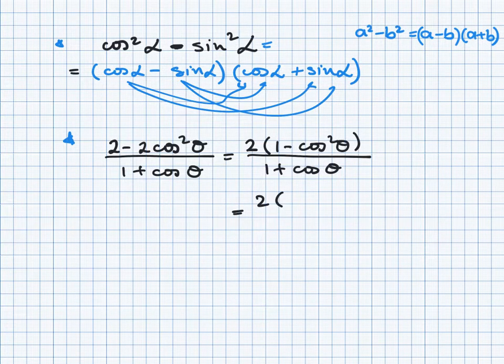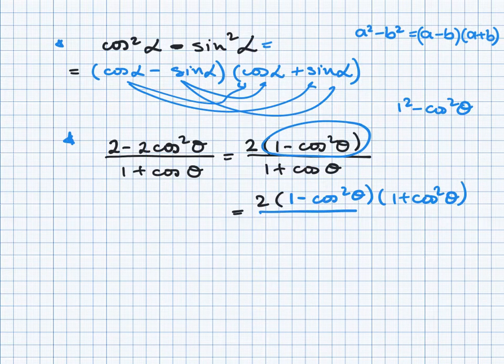Now, this expression is the same as 1 to the power of 2 take away cos to the power of 2, which means it is actually the difference of 2 squares. So we can write 1 take away cos theta times 1 plus cos theta. Please note that the order doesn't make any difference.